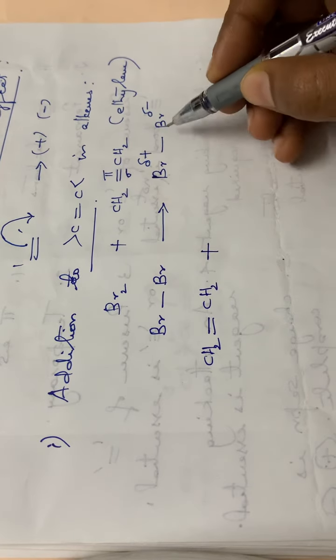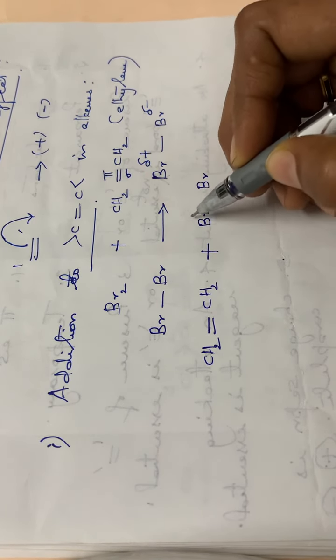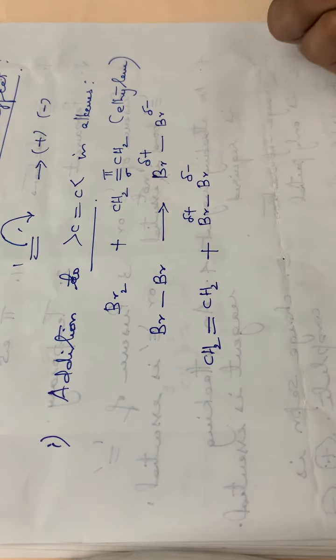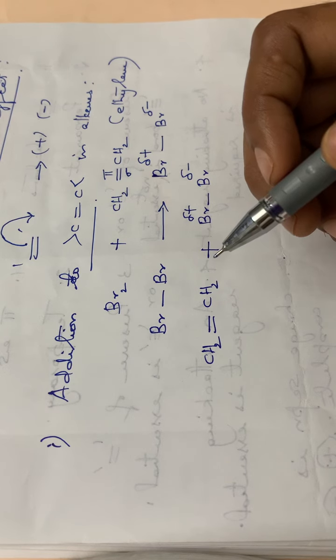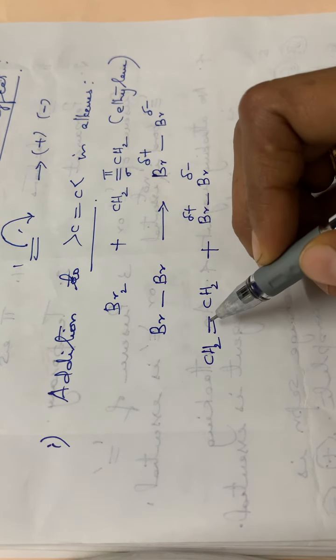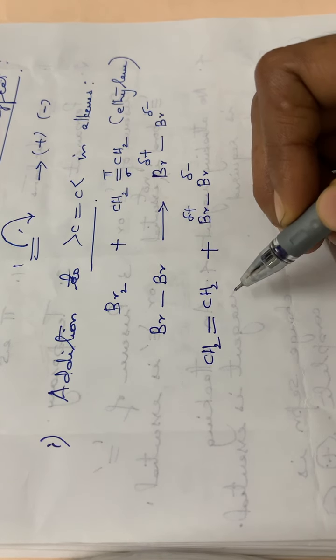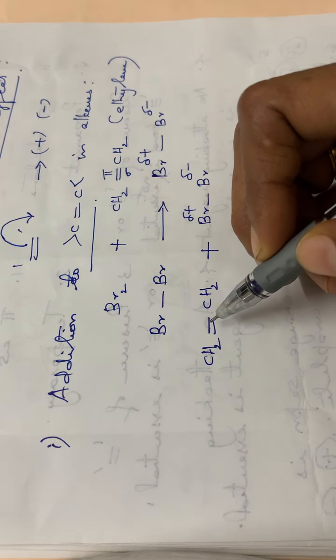To this ethylene molecule, this polarized molecule, Br delta positive and Br delta negative, will be approaching. Due to the presence of this polarized molecule, in the ethylene molecule the pi electron pair shift will take place.